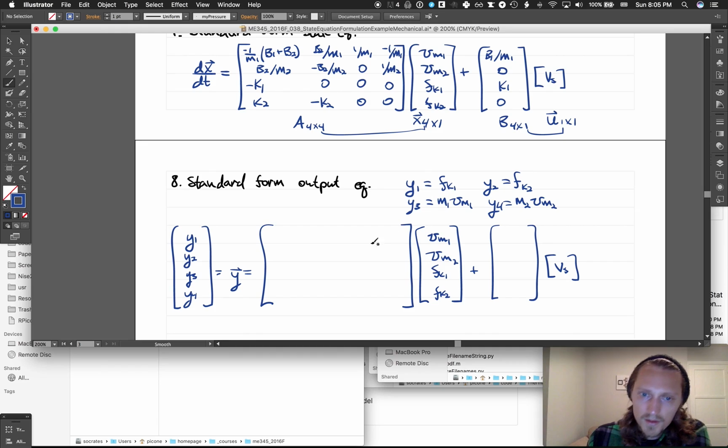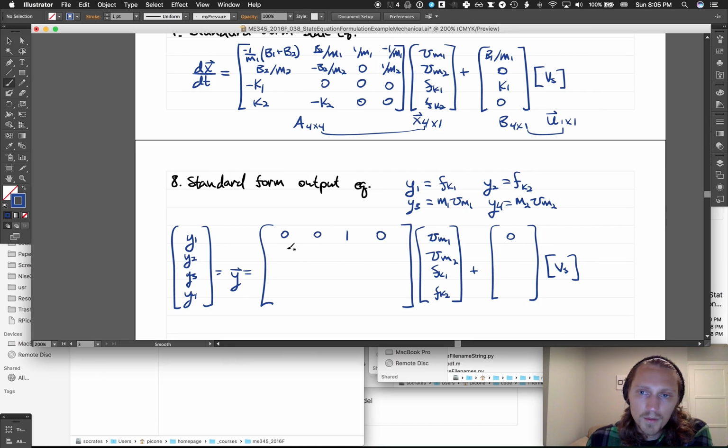So let's see, this first one, Y1, is Fk1. That is the third of our state variables. So we have 0 Vm1 plus 0 Vm2 plus 1 Fk1 plus 0 Fk2. Similarly, Y2, this row, and there was also no input as well.